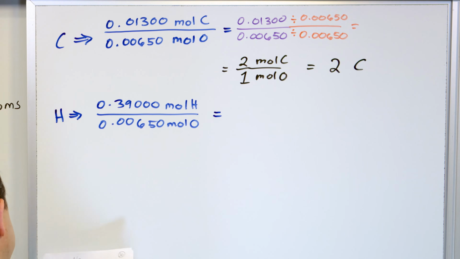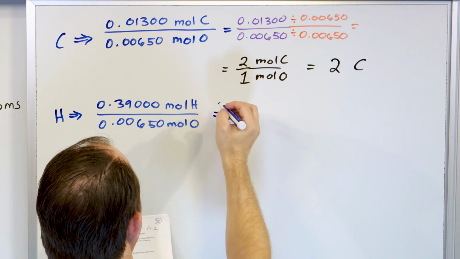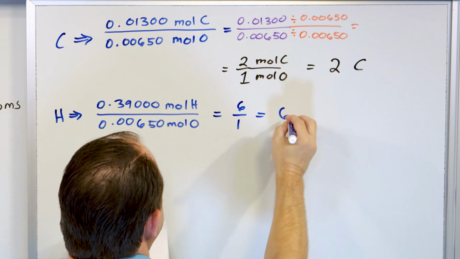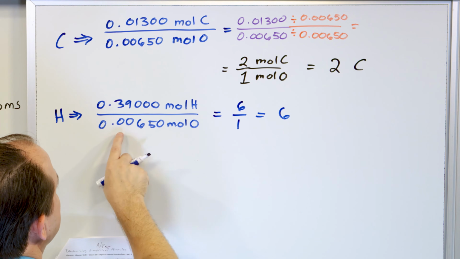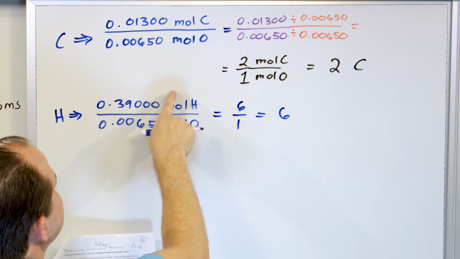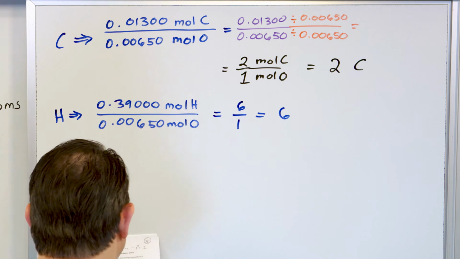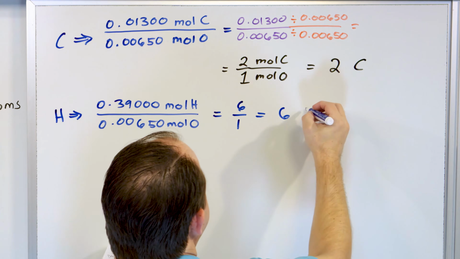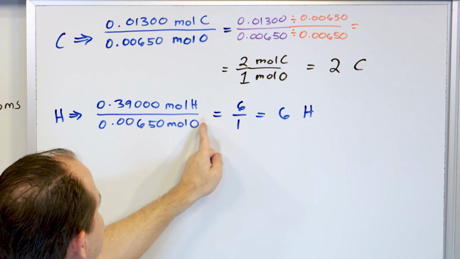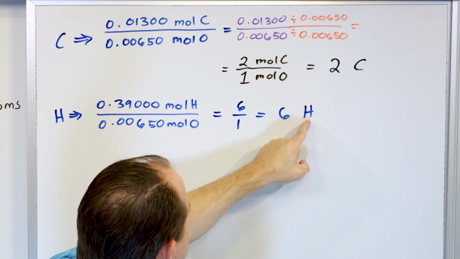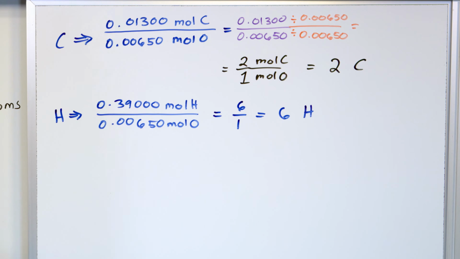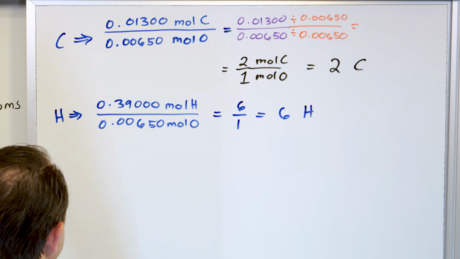If you divide the bottom by 0.00650 and the top by the same number, you get 6 over 1, which is 6. And when you divide them through, you get the number 6, and that's the ratio of hydrogen. What you're saying is that for every 6 moles of hydrogen there is 1 mole of oxygen, 6 to 1. All right, let's go find the last one here.